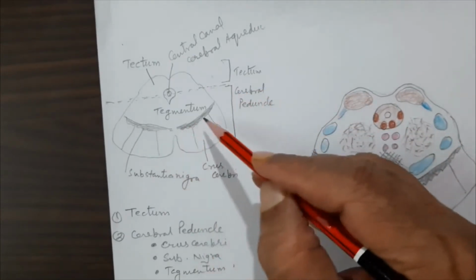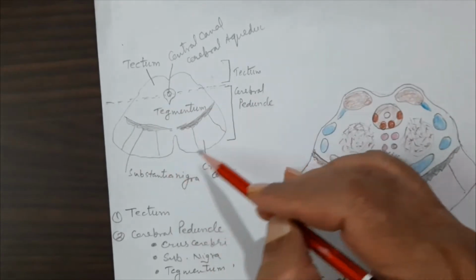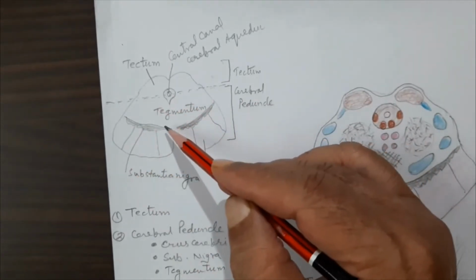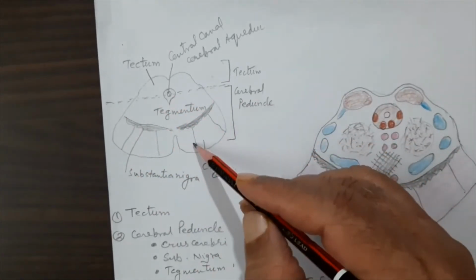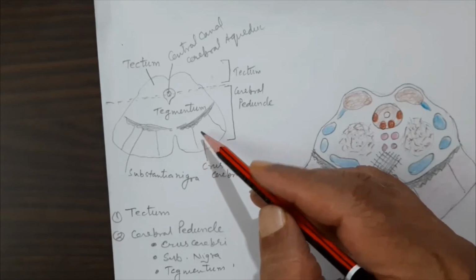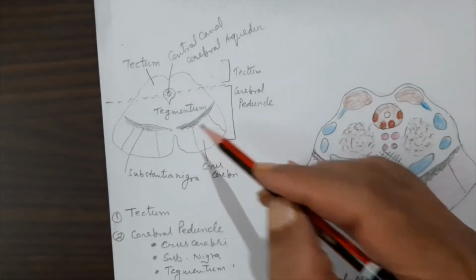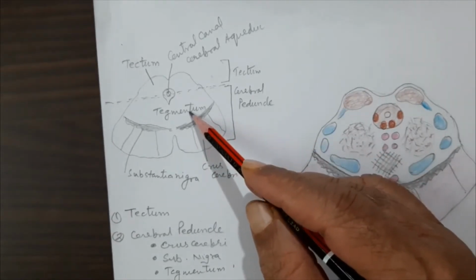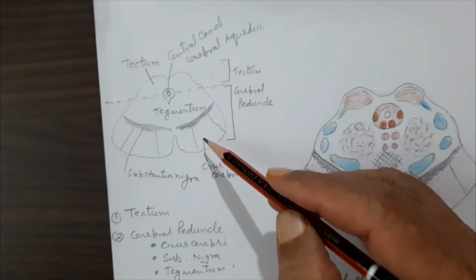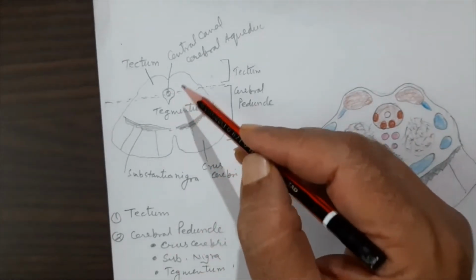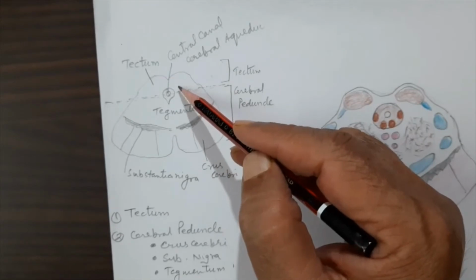So the right and left cerebral peduncle. Okay, these parts are the peduncles. Now this cerebral peduncle is also divided into various parts, but before that, let us see the tectum. What is the tectum?